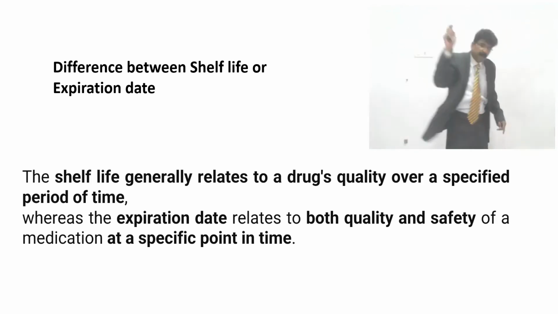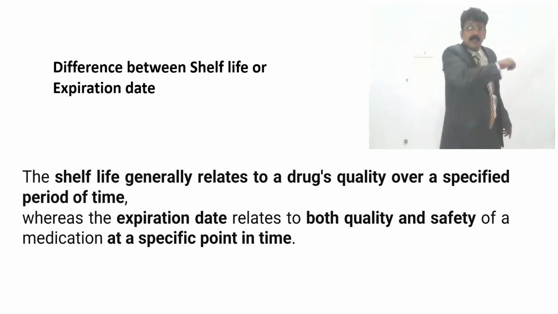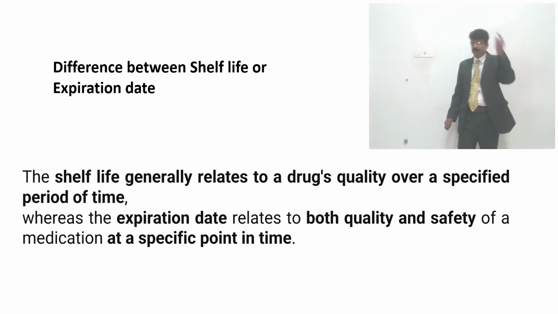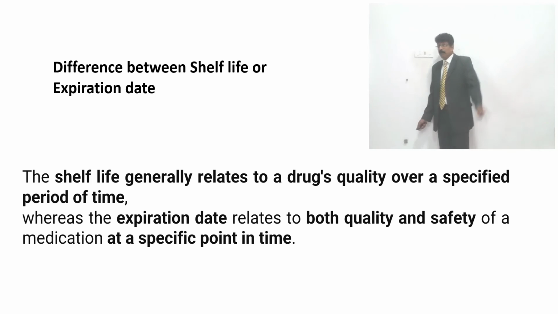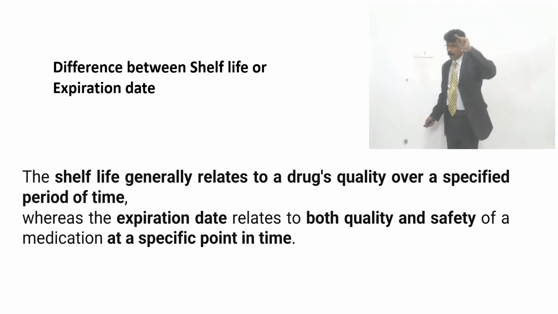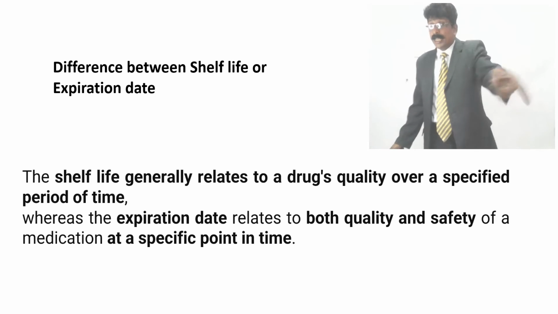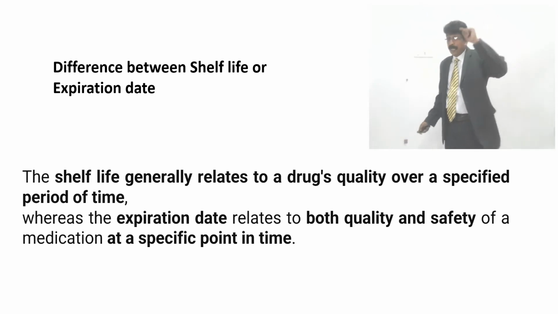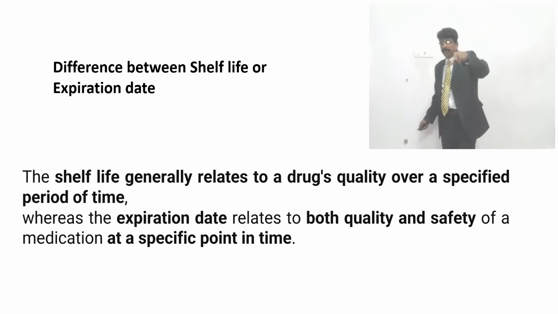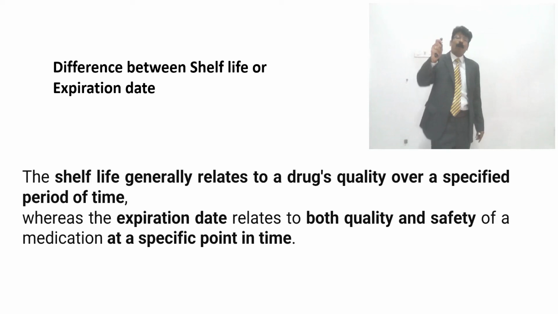Shelf life relates to the drug quality for a specific period of time. But the expiry date mentioned in the label states that beyond that date, it is not to be used. It is not safe to use.